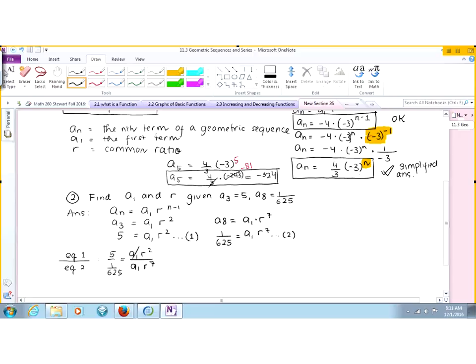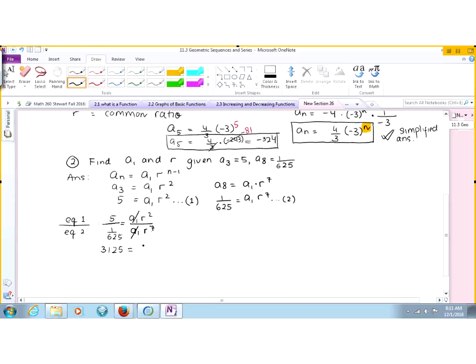What is A1 divided by A1? Cancel, yes. What is 5 divided by 1 over 625? It's just the same as 5 times 625, isn't it? 3125? Okay. What is R squared divided by R to the 7? 1 over R to the 5th.